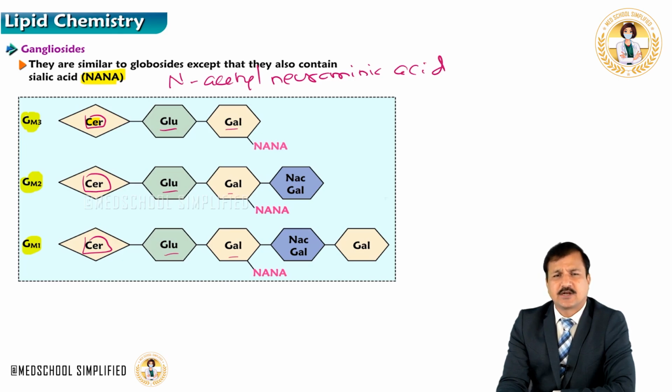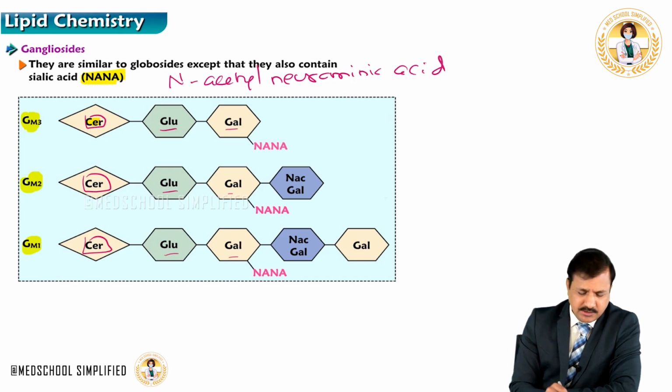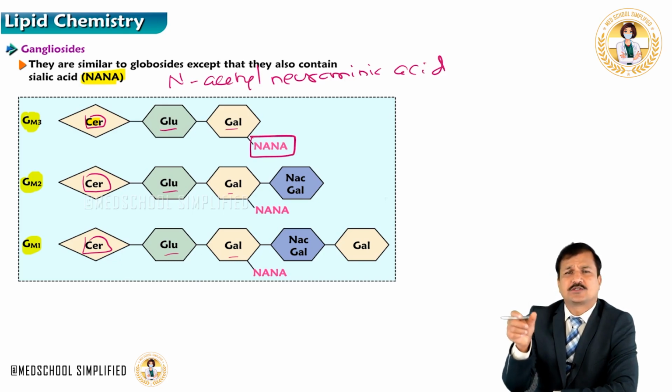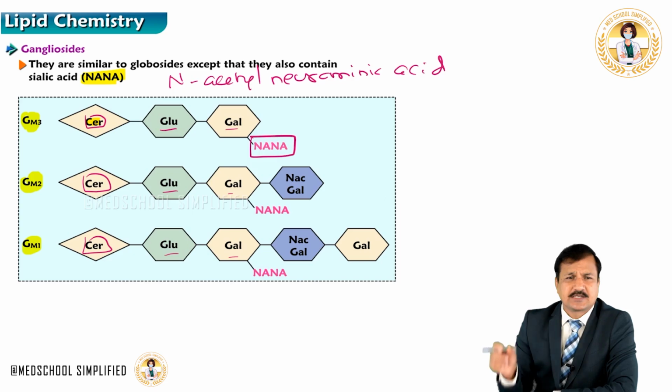All gangliosides contain these. And then for GM3 ganglioside, to its galactose there is an attachment of sialic acid, that is N-acetylneuraminic acid. That's the GM3 ganglioside. So it is ceramide, glucose, galactose, N-acetylneuraminic acid. That's GM3. And then look at GM2 ganglioside.